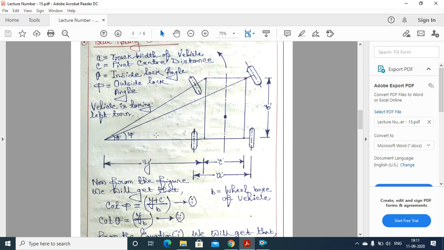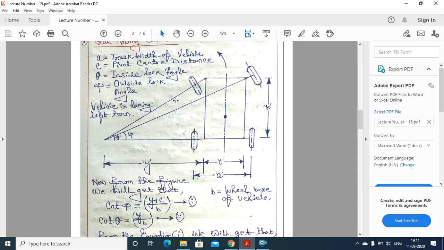So here, consider the distance from the instantaneous center to the center of the wheel, up to this point, as x. If we consider sine theta, what is the formula of sine theta? Sine theta is perpendicular by hypotenuse.